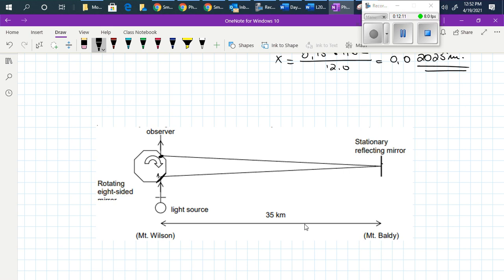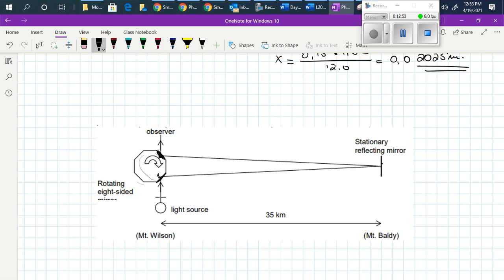So if this is side 1 and it is rotating, then when the light comes back before the observer sees it, it will be hitting side 1 as well, the same side that the light source hit. So, knowing the frequency of the rotation, the sided mirror is serving the purpose of a timer.